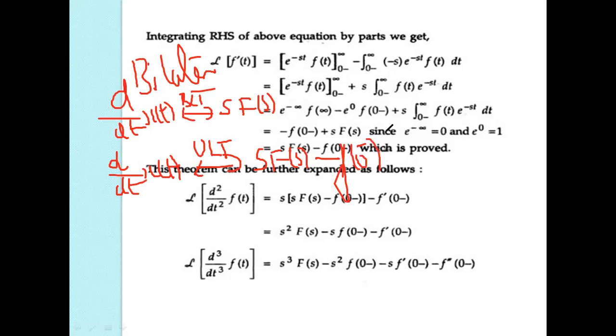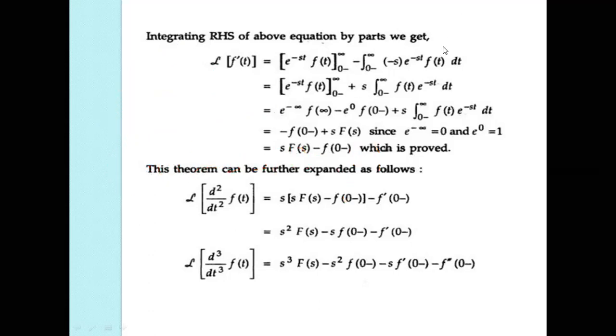Remember this one. This is the only property that differs between bilateral and unilateral. Remaining all the properties are the same for bilateral and unilateral.